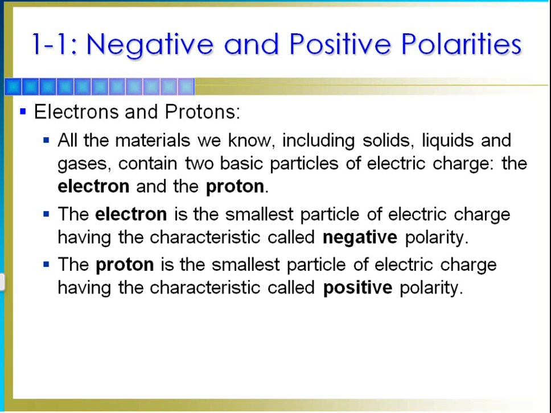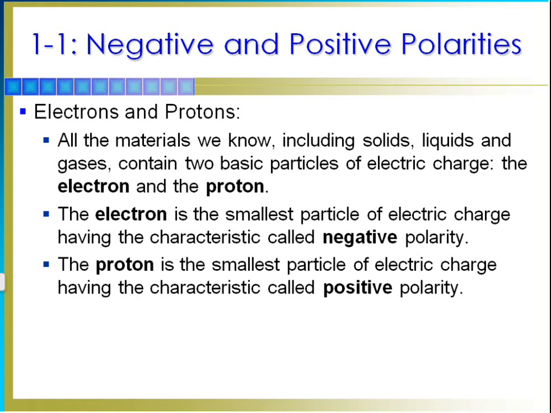Alright, as we know, all material is made up of atoms. Again, going back to 7th and 8th grade science classes. And all atoms are made of electrons and protons. Now, these two particles also are two basic charges.